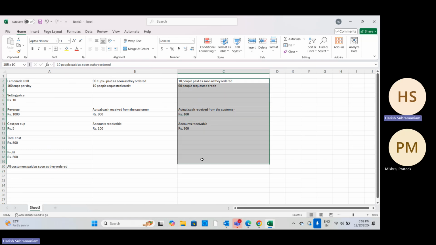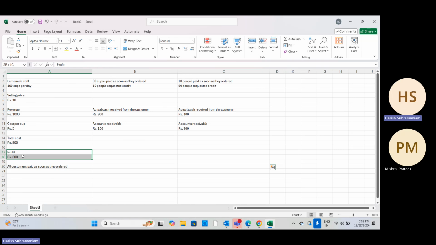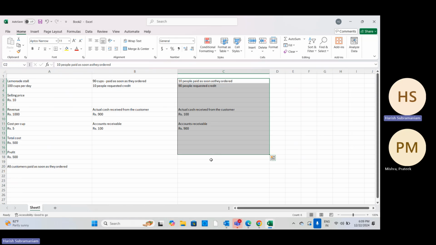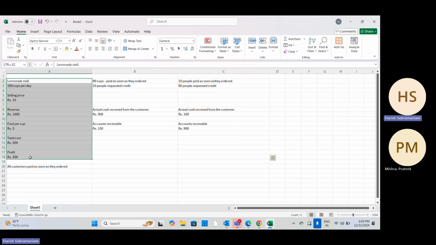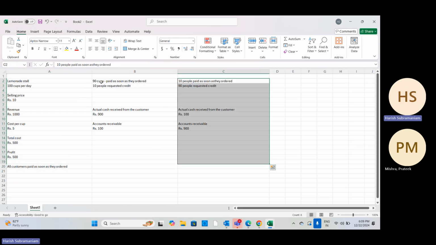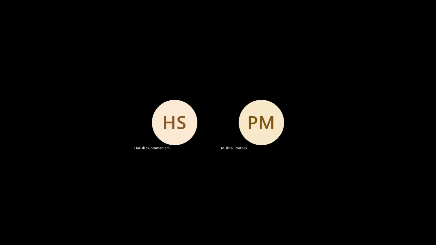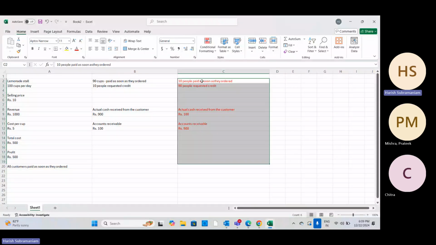So even though the profit and loss is 500, the profit is 500, which is the same as in this case, in this case the business has to shut down, right? Because he doesn't have the money to buy the raw materials and he doesn't have the money to run the business.